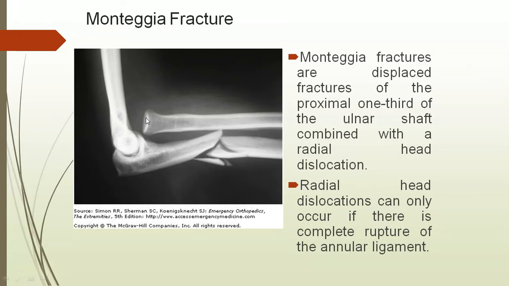So this is the most common type of Monteggia fracture. So you must know the difference between the Galeazzi and Monteggia. And also you must remember that Monteggia fracture will be called Monteggia fracture dislocation, not only a simple Monteggia fracture, because it is always associated with dislocation. Then only we call it Monteggia fracture dislocation.